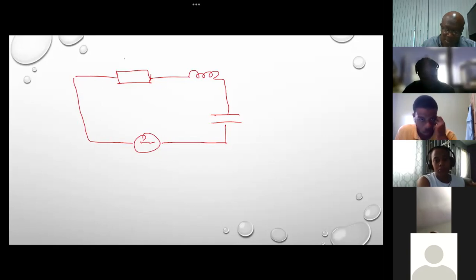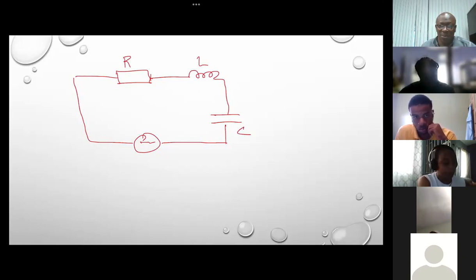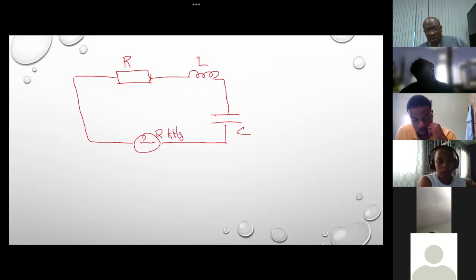So we have R, we have L, we have nothing really. And we have that this is 2 kilohertz. All right, good. So we have nothing, basically. Well, let's try and start populating this.